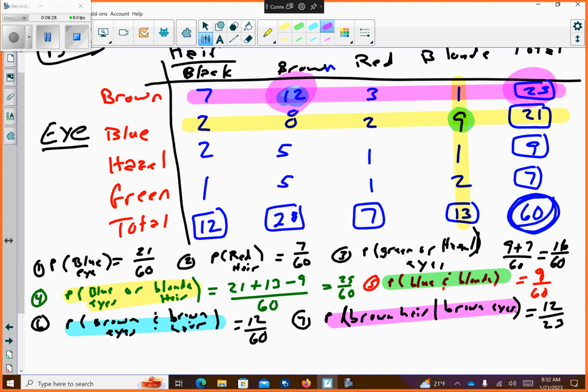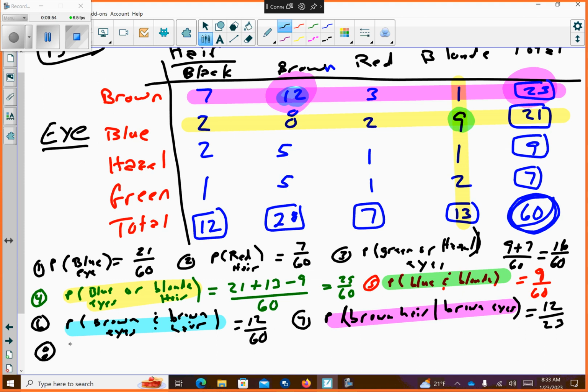Everyone else has to walk out. So you have 37 people that are out of the room now. There's only 23 people sitting in the room. What's the probability that we draw a person out of that group of only 23 that also have the brown hair color? That gets a little trickier sometimes.